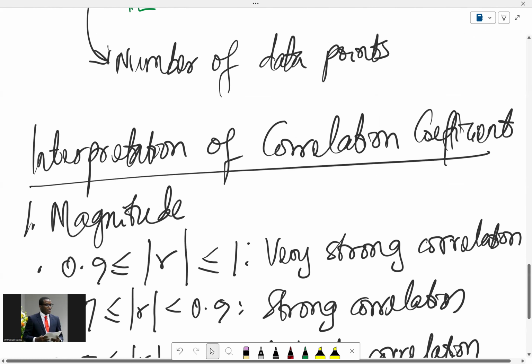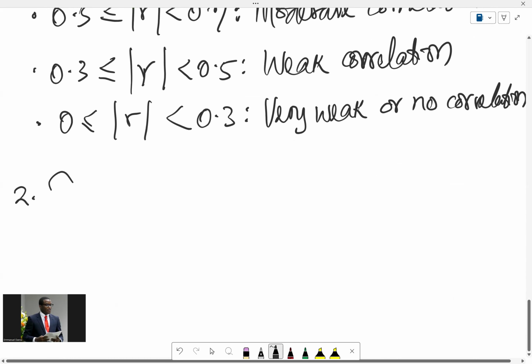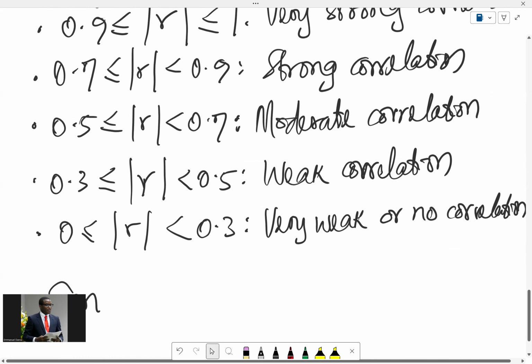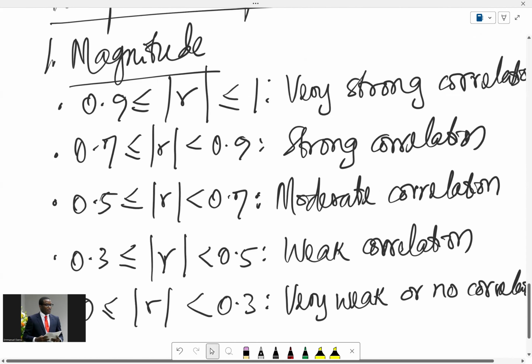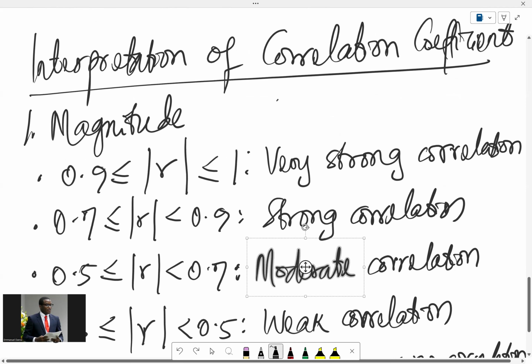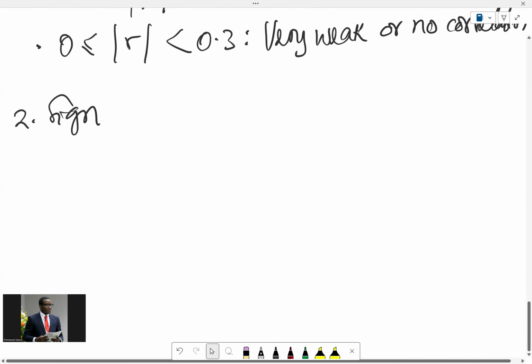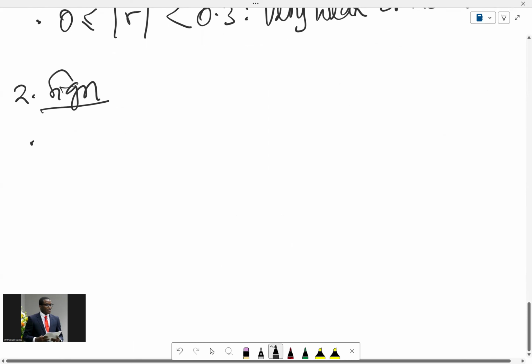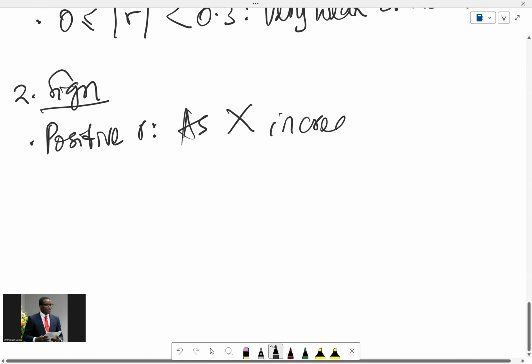That's how that goes in terms of magnitude. Now, what about sign? In terms of sign, if you have positive R, that's a positive Pearson correlation coefficient, that tells us that as X increases, Y also increases.